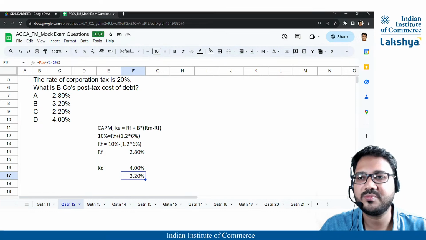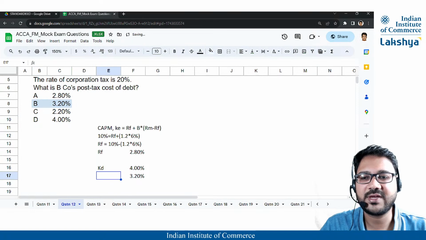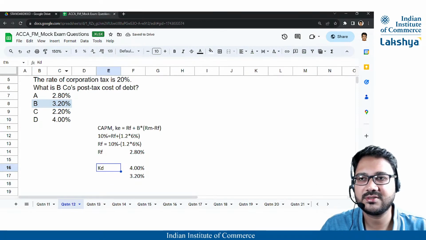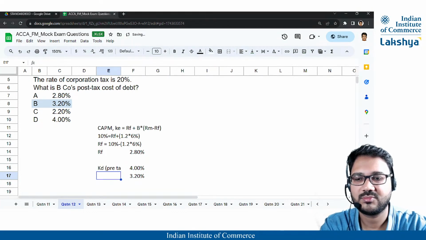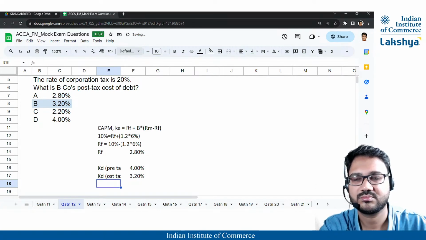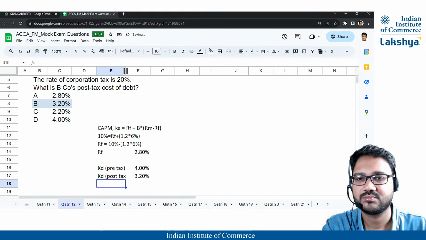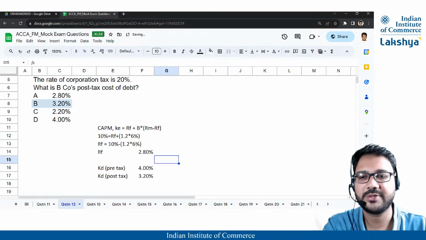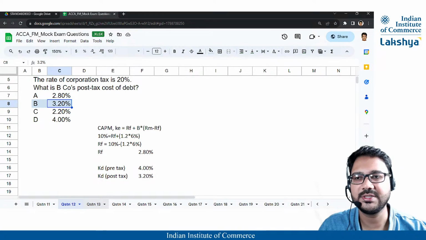So 3.2% is the final answer. This is pre-tax, and this one is post-tax. So the answer is 3.2%, that is B.